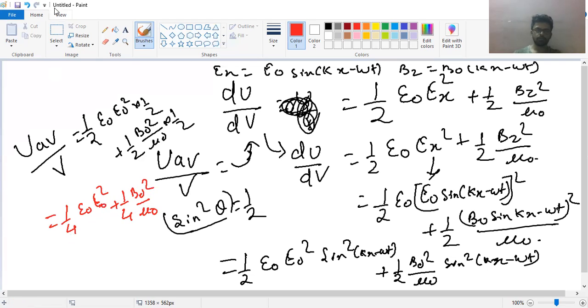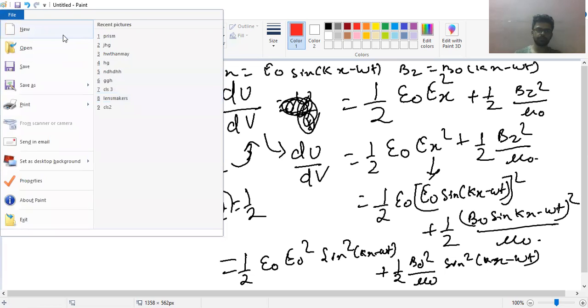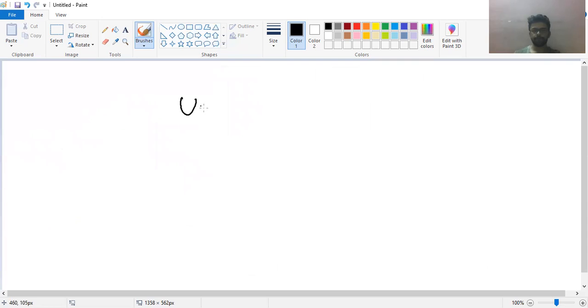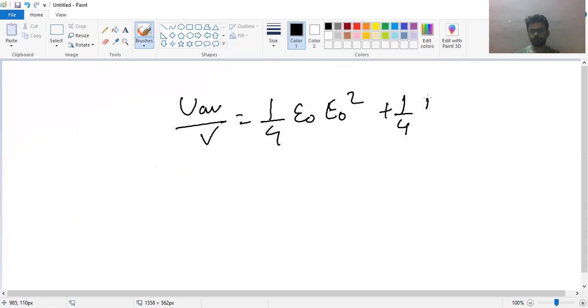From this equation we can see that the average energy density can be given as 1 by 4 epsilon e naught square plus 1 by 4 b naught square by mu naught, correct, right?